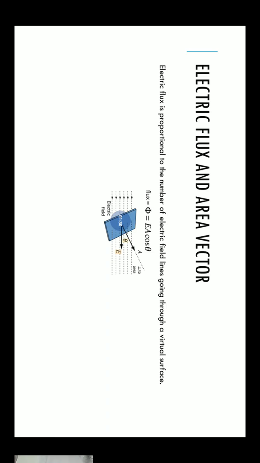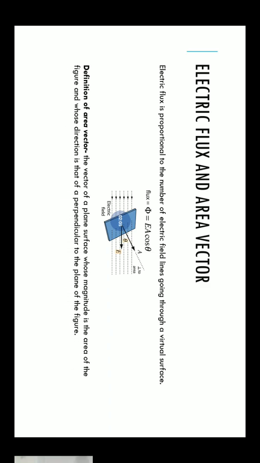Field lines will cross only when the surface is placed inside the electric field. So inside the electric field a surface is placed, and how many electric field lines are passing through the surface perpendicular to the area, that is known as electric flux related with the surface.